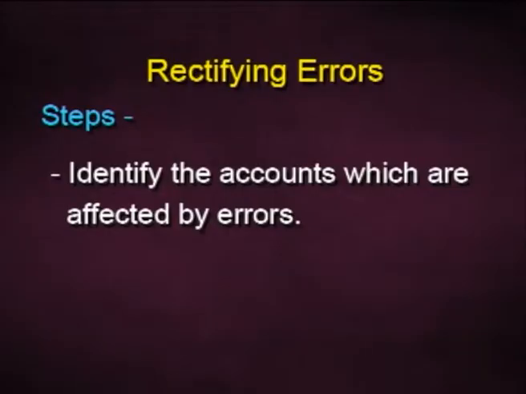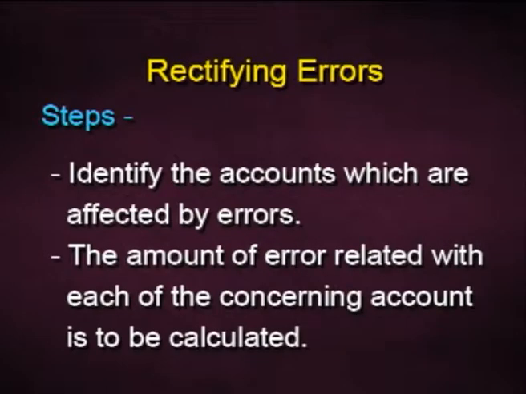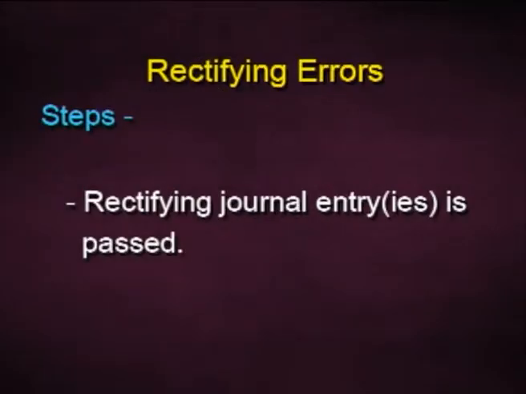For the purpose of rectifying errors in this manner, these steps are followed. First, you are required to identify the accounts which are affected by errors. Then, the amount of error related with each of the concerning account is to be calculated, and finally, rectification journal entry or entries are to be passed.